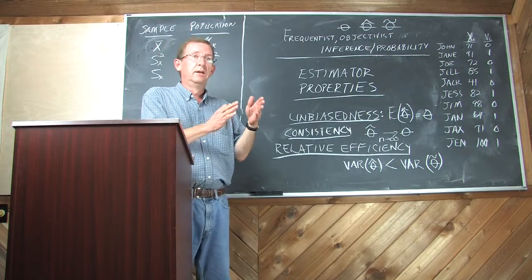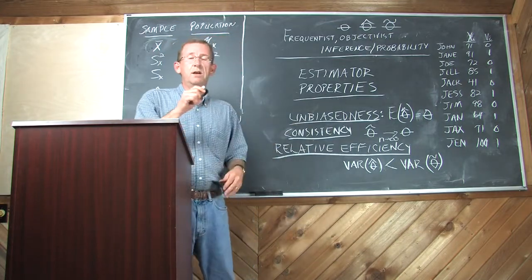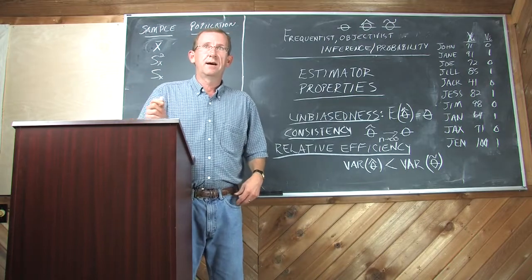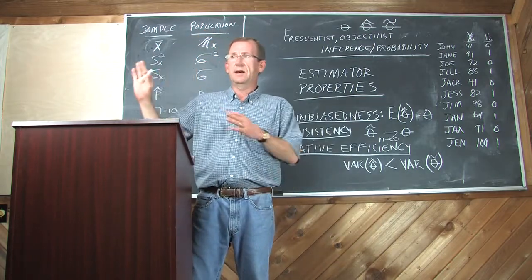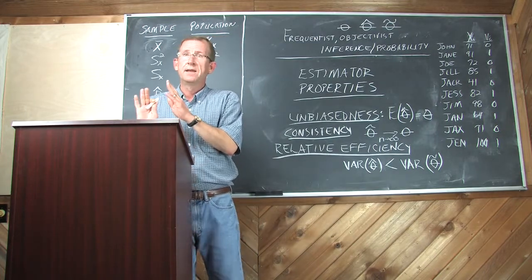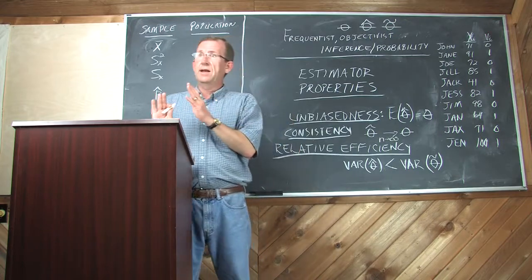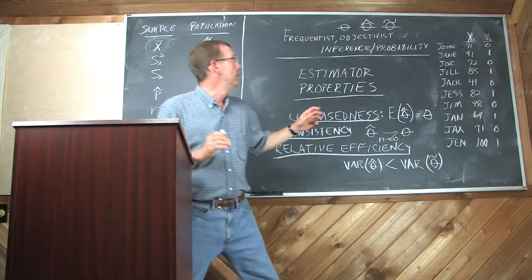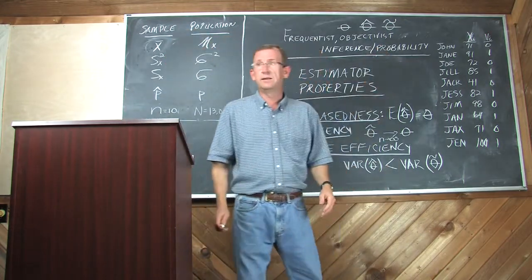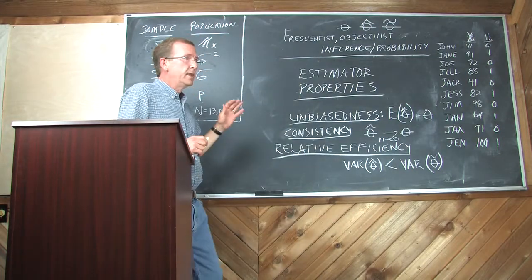Another formula, an alternative idea. So instead of 1 over n times the sum of the xi, or alternatively the sum of the xi divided by n, which is small letter n, that is the estimator x bar. Let's try n minus 1. That could be theta tilde, an alternative way to do it.